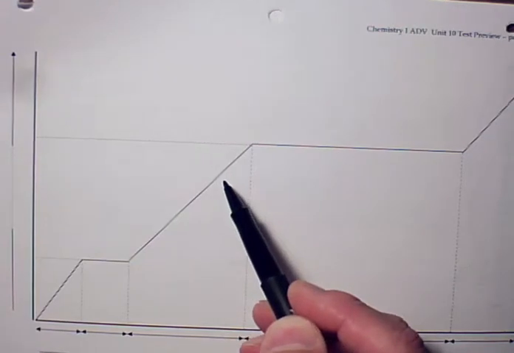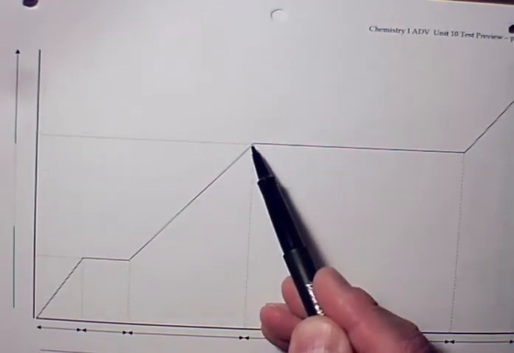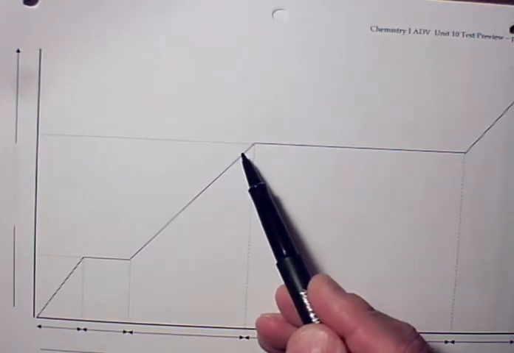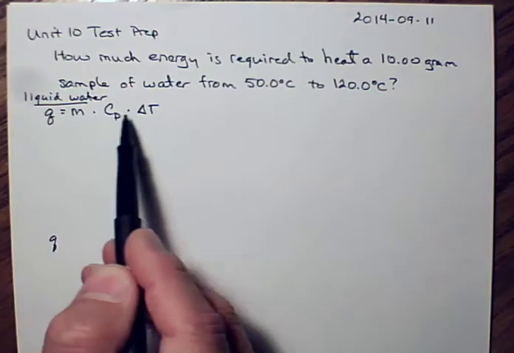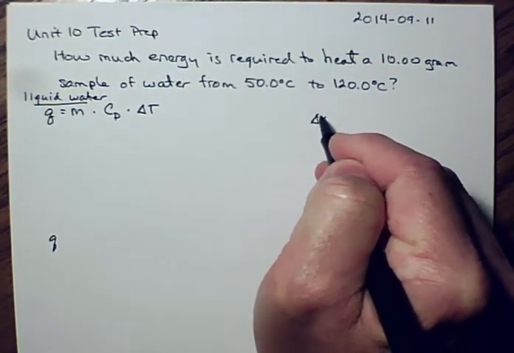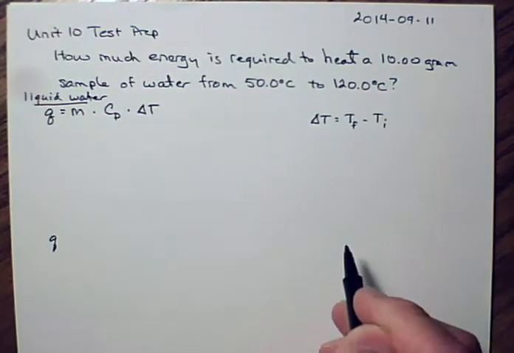And so we can heat up the water from 50 degrees C. We can't get any hotter than 100 degrees C. Liquid water can't be more than 100 degrees C. So we're going to use this equation right here for a change in temperature. Change in temperature is always temperature final minus temperature initial.